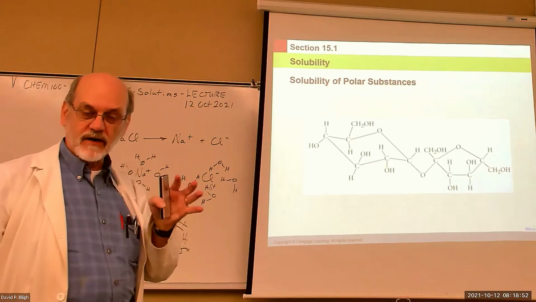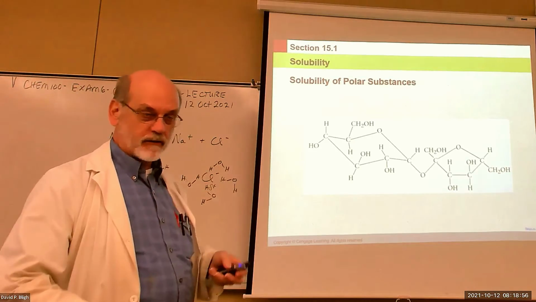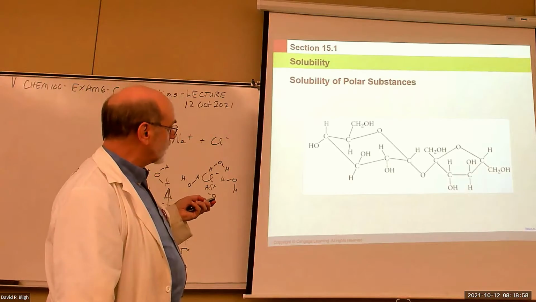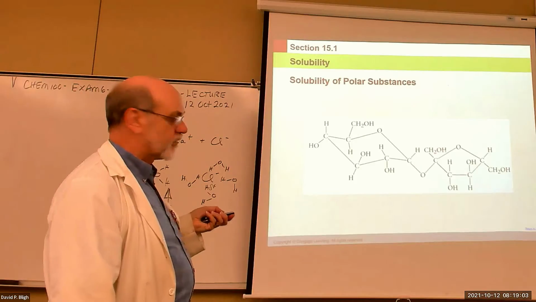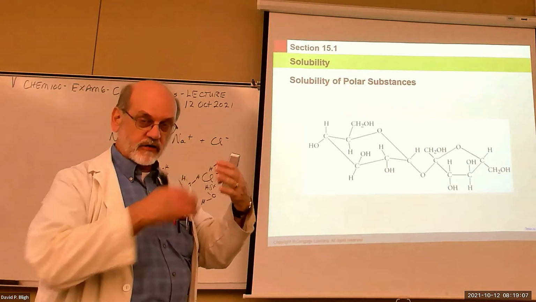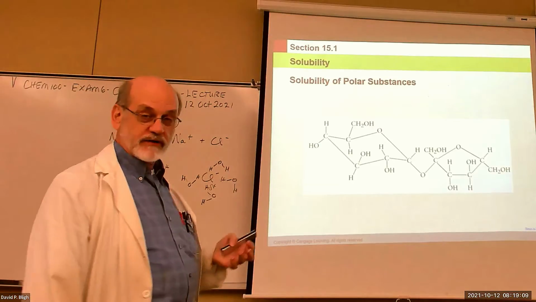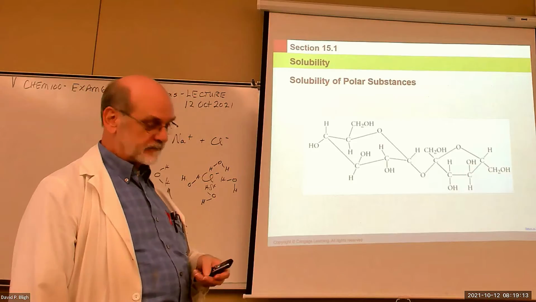Just like that ethanol, they are polar sections of the molecule. So water will interact here. It'll interact here, here, here. Everywhere there's an OH, you get interaction with water, attraction to water. And that's why so much sugar will go into solution, because the attraction is very strong.